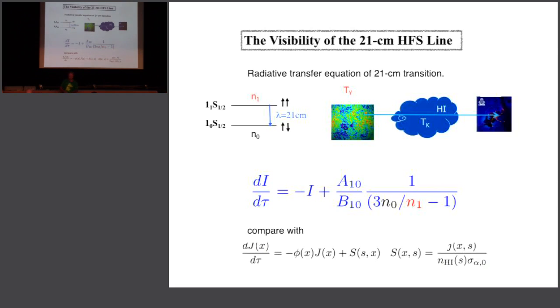For example, one thing you can see is that when this term is less than 1, this term is negative, so you absorb CMB photons as they pass through the cloud. On the other hand, if this term is positive, then the radiative transfer actually adds photons to the CMB at this particular location.